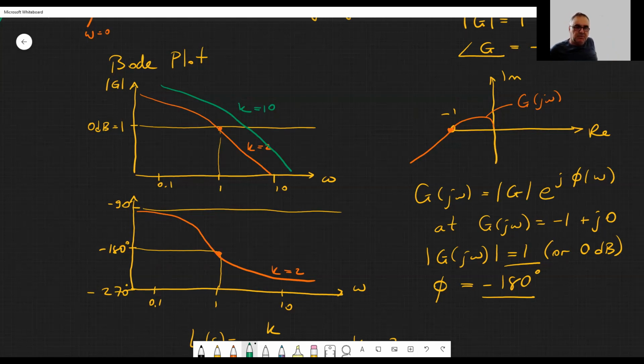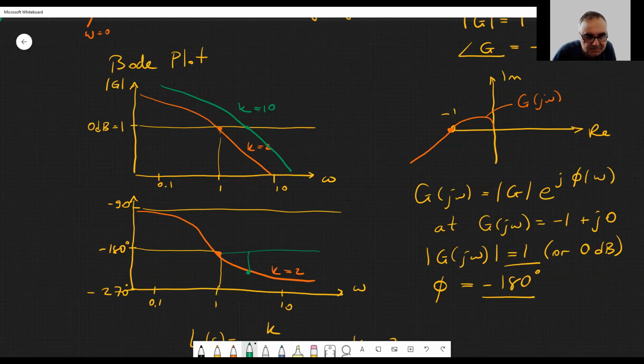The phase plot will be here. But when this thing cuts this 0 dB line, if I go here, this will be our phase angle when k is equal to 10. So the phase angle is going to be something greater than minus 180 degrees.